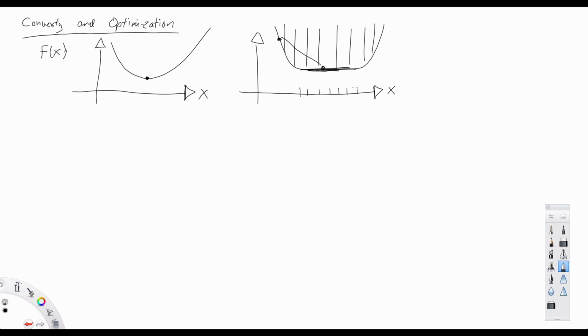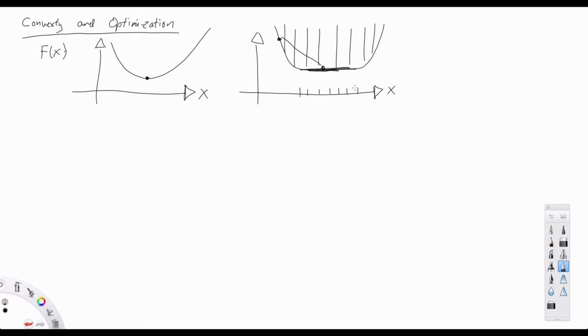So that's a possibility, and this can arise in higher dimensions as well. Say if we have a problem with 2 dimensions, then if we have a line that we can follow in this 2-dimensional space where it's flat, then that's also going to be a case where we could have a convex function with multiple local minima that are all global minima as well.